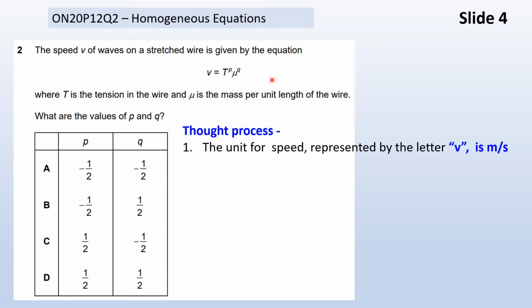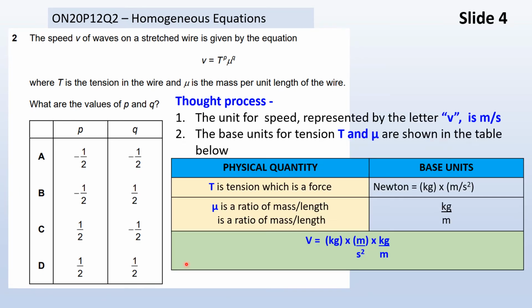Okay, so let's keep calm and think a little bit. My first thought is, what is the unit for the speed? The unit for the speed is meters per second. My second thought is that I need to look at the base units for tension and for mu based on the description.